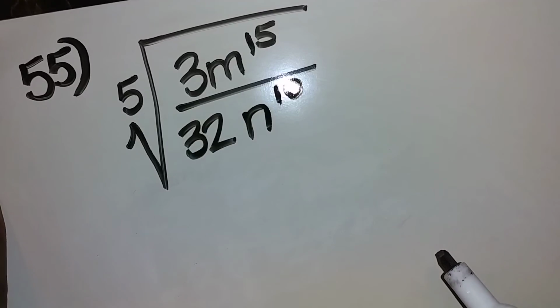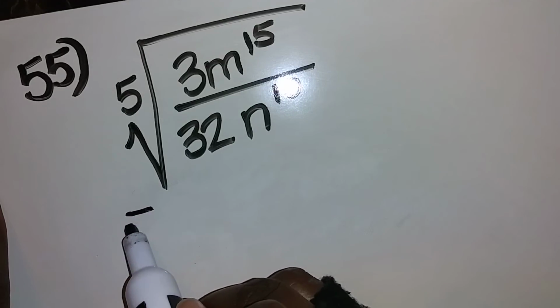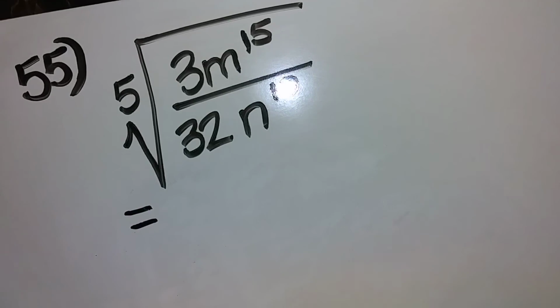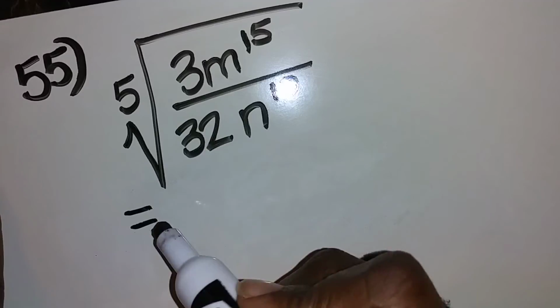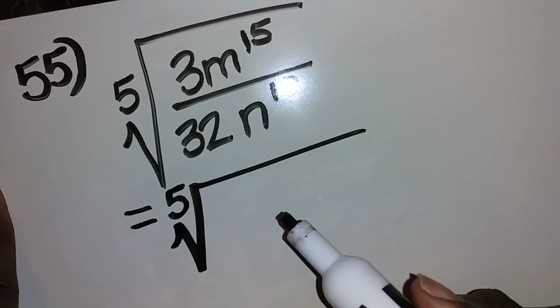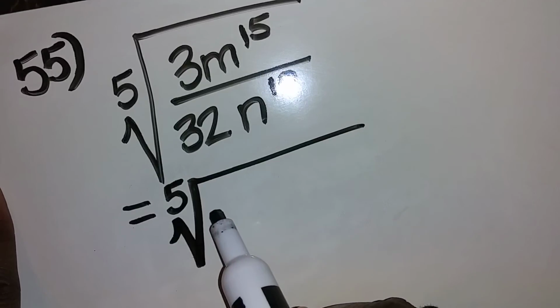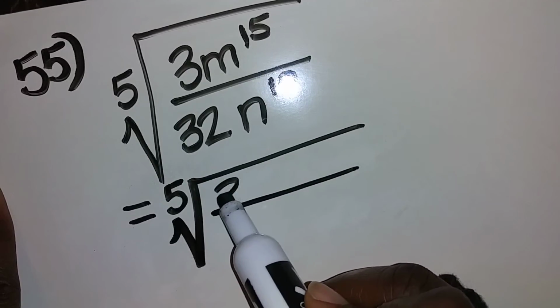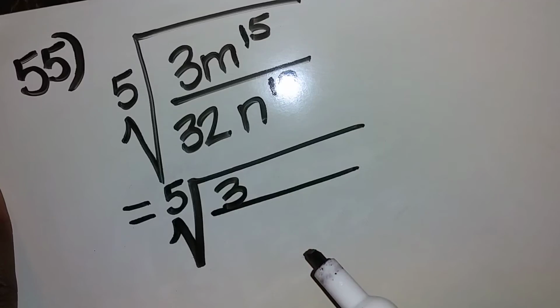Okay, so right here, I can start putting some things together. Now, very, very easy. I need 5 to be the same to come out of the root. I cannot break that 3 down anymore, but I can break down 32.